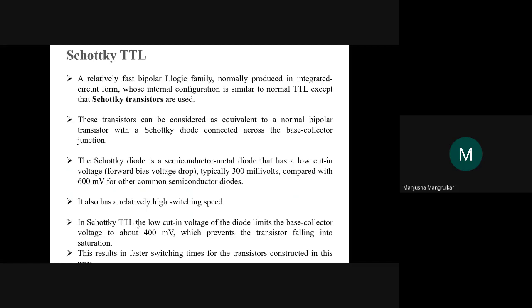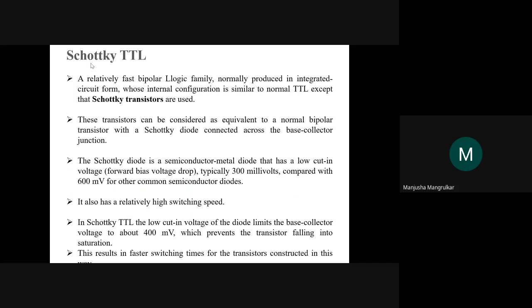In Schottky TTL, the low cut-in voltage of the diode limits the base-collector voltage to about 400 millivolt, which prevents the transistor from falling into saturation. And this gives the fastest switching time for a transistor constructed in this way, right? This is the same as the TTL, but it uses only the Schottky transistor.